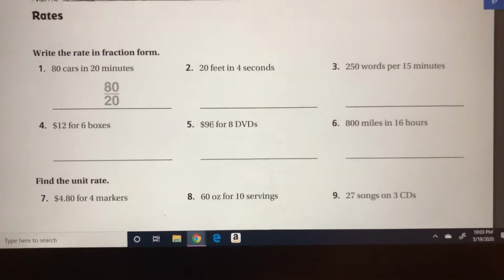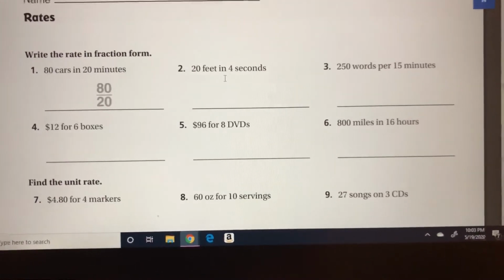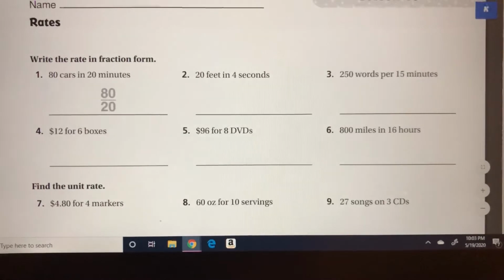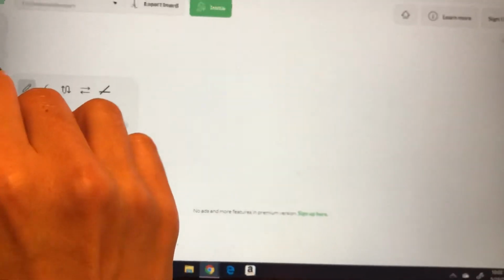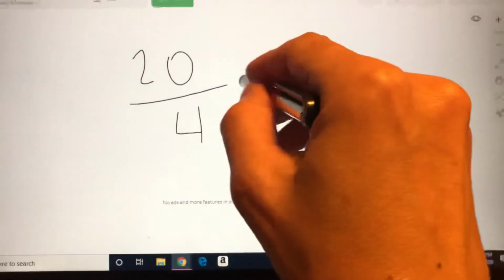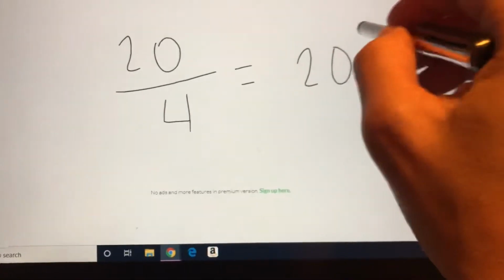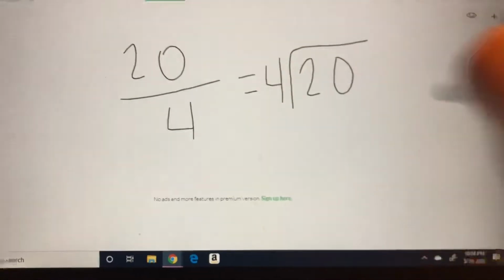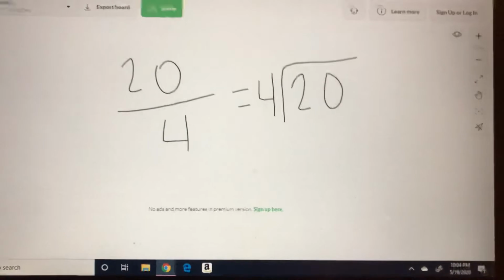Let's do number 2 together. 20 feet in 4 seconds. Taking what I just said, 20 would be our numerator and 4 would be our denominator. When you actually divide this, remember that this is the same as saying 20 divided by 4, so it would be 5.